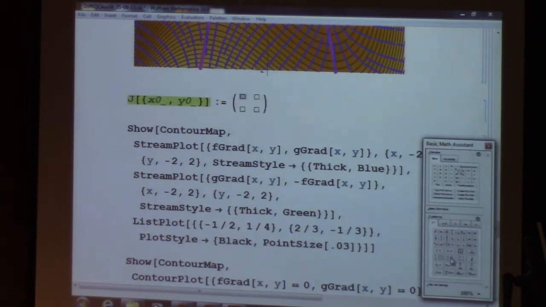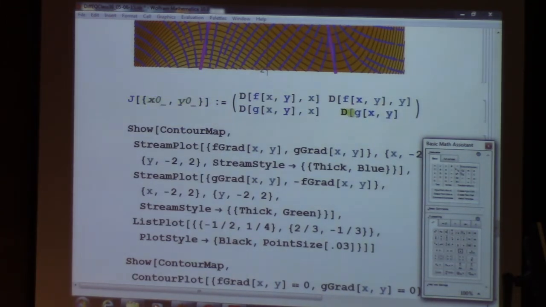Hit the matrix button. Type capital D of f of xy comma x, capital D of f of xy comma y, capital D of g of xy comma x, capital D of g of xy comma y.